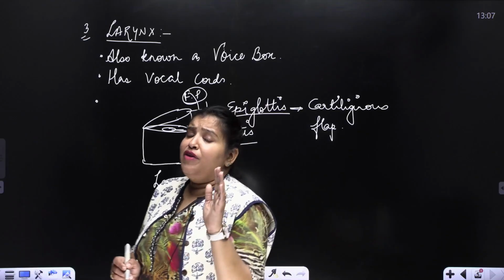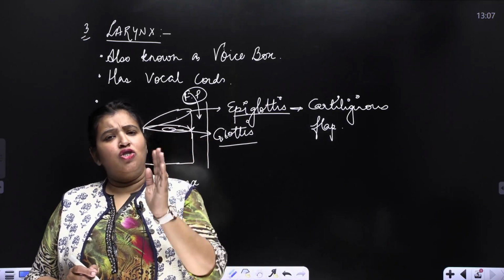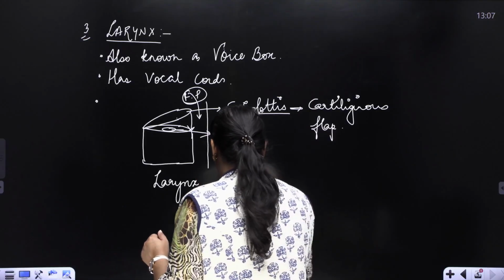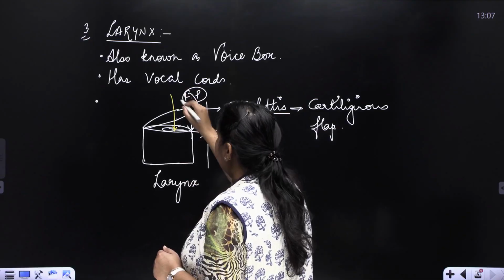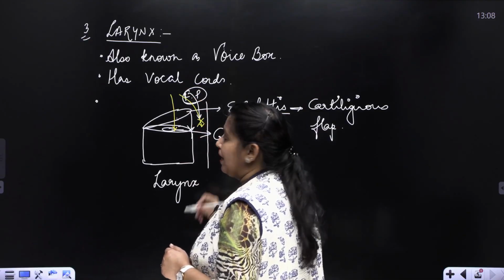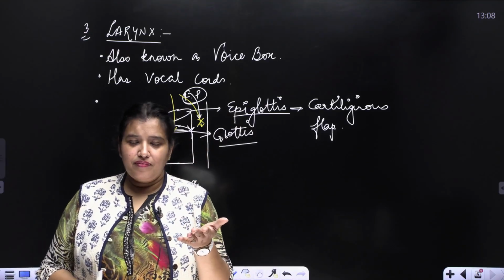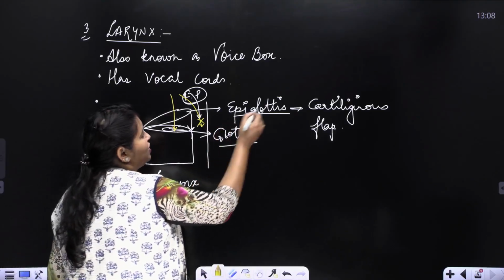So when we speak while eating, the epiglottis does not close completely and the food enters the windpipe instead of the food pipe. And that's where we choke and start to cough. All right. So there is a very important role of this epiglottis.